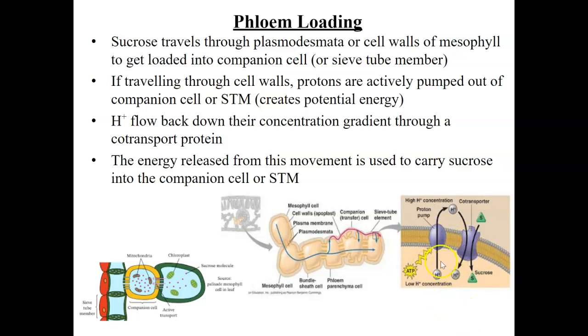So this process can happen directly into a sieve tube member, which means it's been loaded, or into a companion cell, which also would mean it's been loaded because the companion cell will just feed the sieve tube member that sucrose through plasmodesmata. Remember, that's the job of the companion cell, is to transfer whatever is needed to the sieve tube member, since they are hollowed out and don't have anything in them except for space, really, to sort of transport things through translocation.